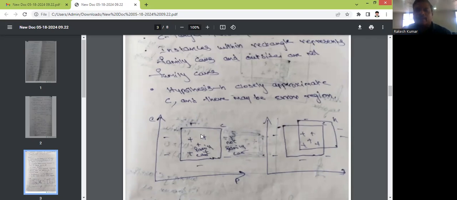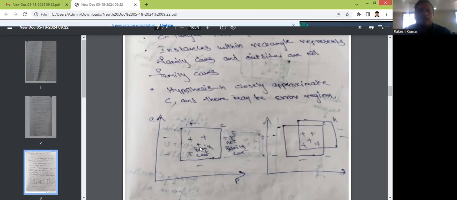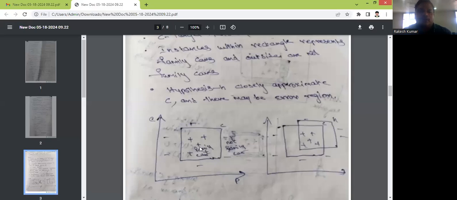Suppose you are predicting whether a patient is affected with dengue fever or not, by taking blood samples. If 70 members have given their blood samples, the machine will predict. For example, if 50 of the 70 are affected with dengue fever and 20 are not, all the plus points are affected and the minus points are not affected.